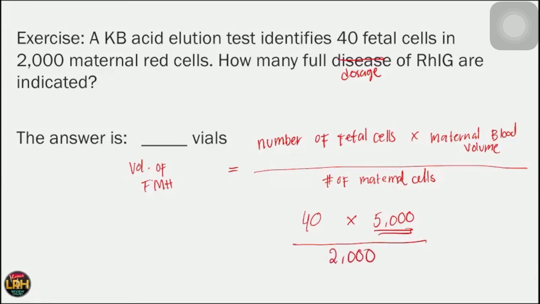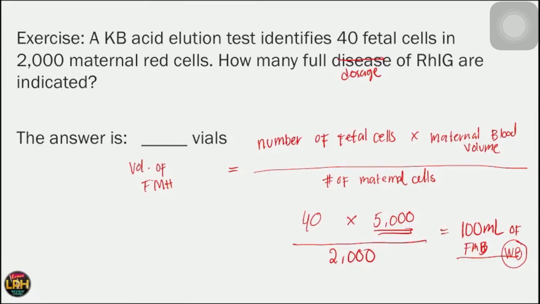So in this computation, we get 100 ml of feto-maternal blood. In this case, this is whole blood. So how many vials do we need for this?